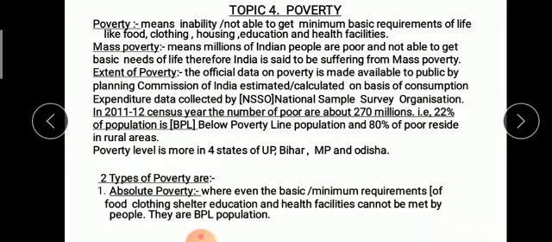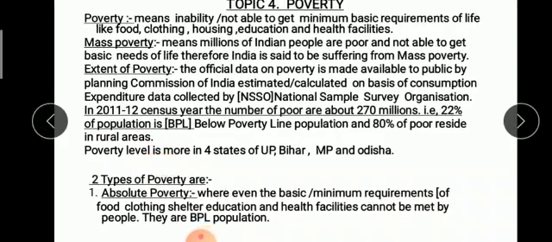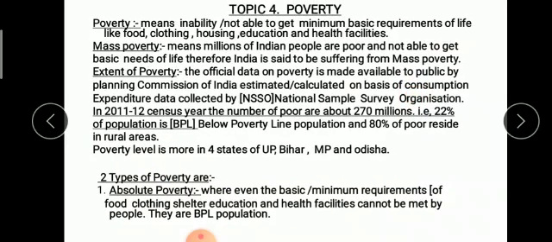They are food, clothing, shelter or housing, basic education and basic health facilities. So a person who is not able to meet the minimum basic requirements of life is under a state of poverty. We call that condition poverty.